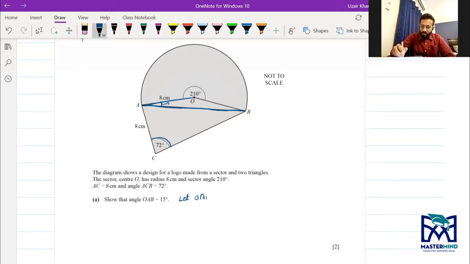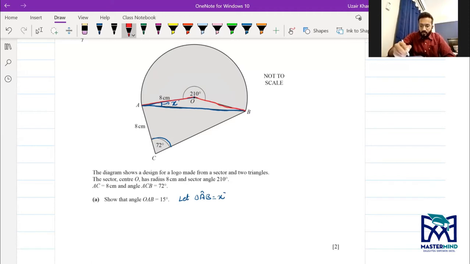Now this angle, let me write down the short statement: let the angle OAB equal x. So basically I've assumed this angle as x degrees. Now there are two things in this that you need to remember. The first thing is that this triangle OAB is actually being made by the radii of the sector. So this right here is the radius of this sector as well as OB.